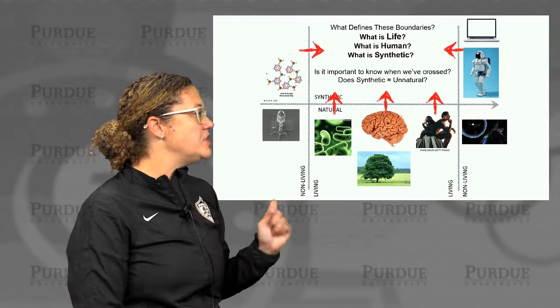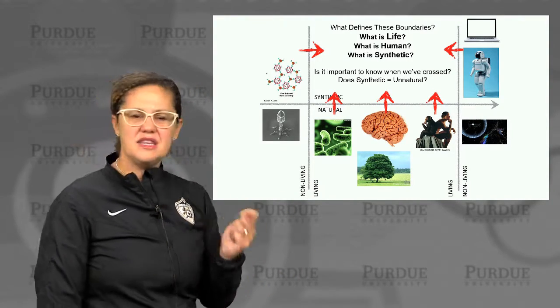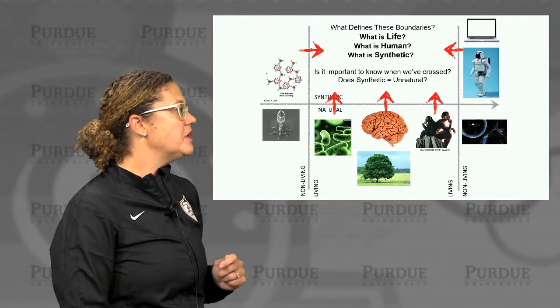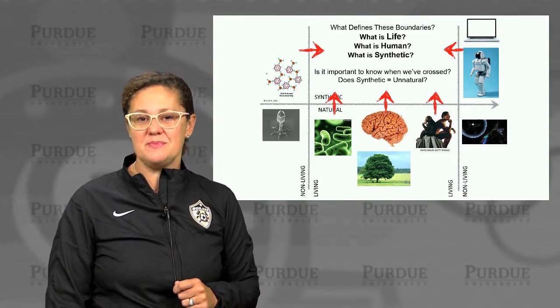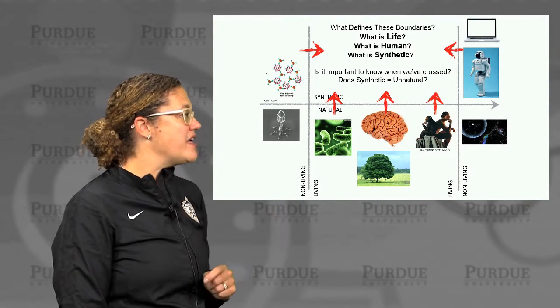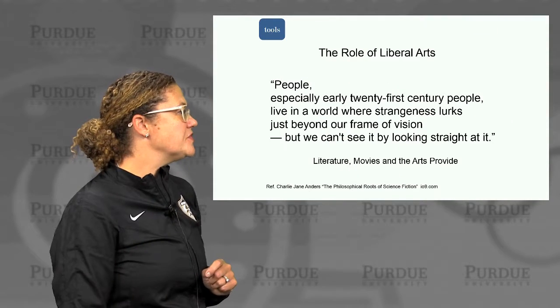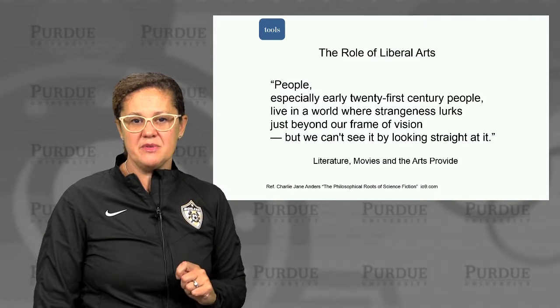What does it mean to be human, and even what does it mean to be synthetic? And does synthetic necessarily mean unnatural? And so I would argue it's very important to know when we've crossed these boundaries. And in order to know that, we need to know where the boundaries exist. But let's first talk about why we might do some of these things.